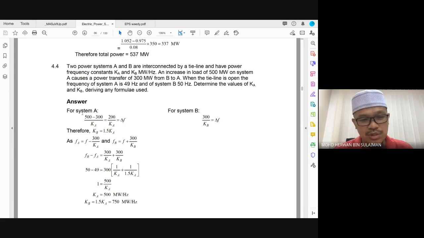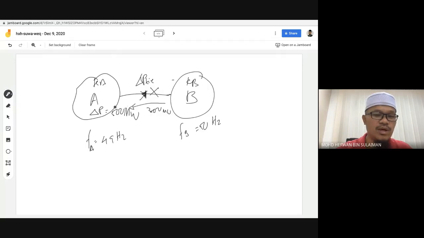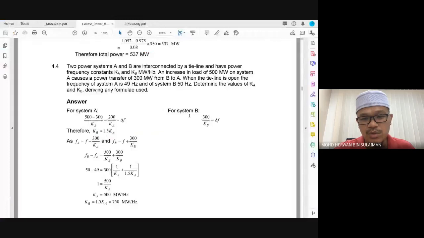You need to deduct because you receive 300 from B to A. For system B, the power is going out from the area, so it is positive. Remember when you learned about power transfer, when you receive it is negative and when you go out it is positive. So for system B, 300 divided by Kb equals delta F.